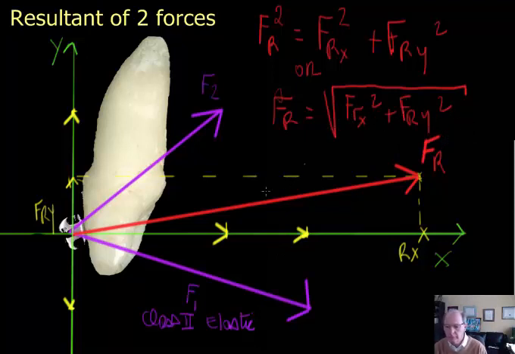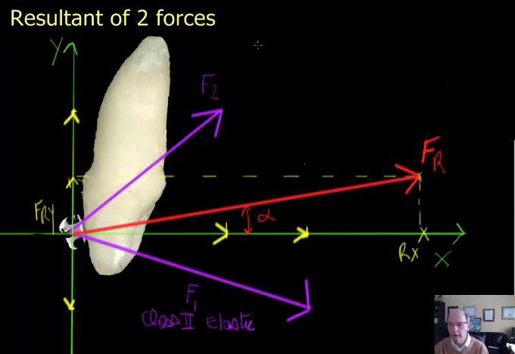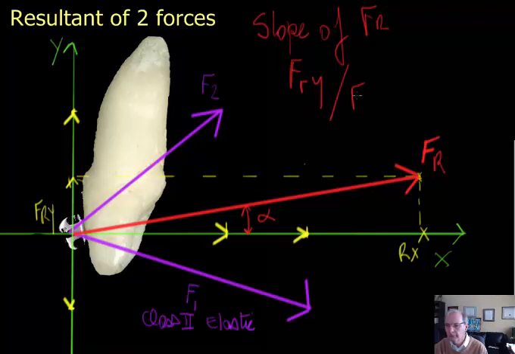The issue now is we do not know the angle right here, which we call alpha. So how to calculate alpha, or how to calculate the slope of FR? Well, the slope of FR is a ratio between FRY to FRX.